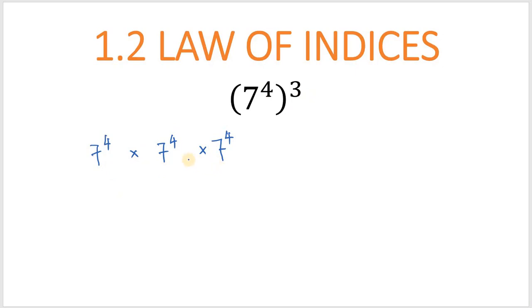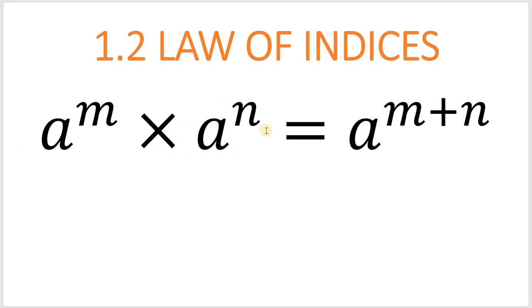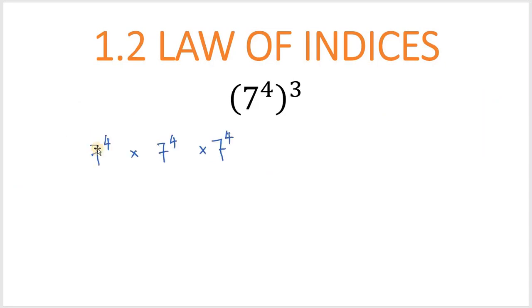Then according to our first law of indices, which is multiply with the same base, multiplying numbers with the same base means we add on the index. So in this situation, 7 power 4 is repeated.